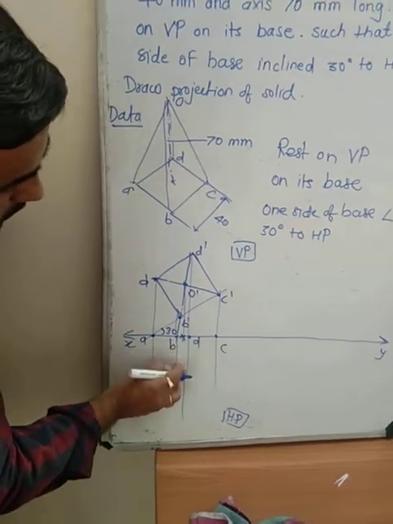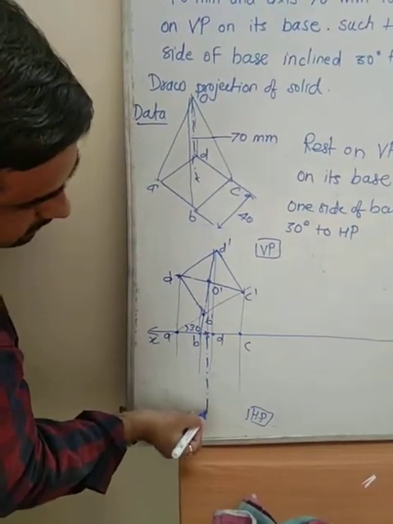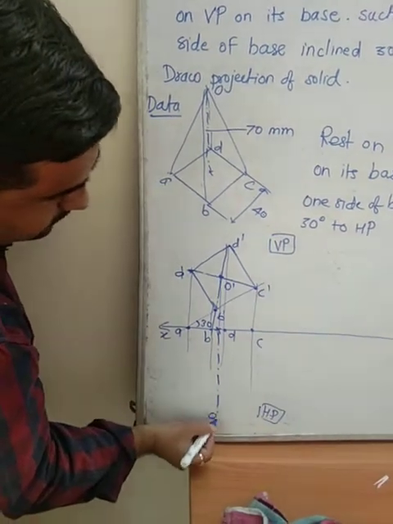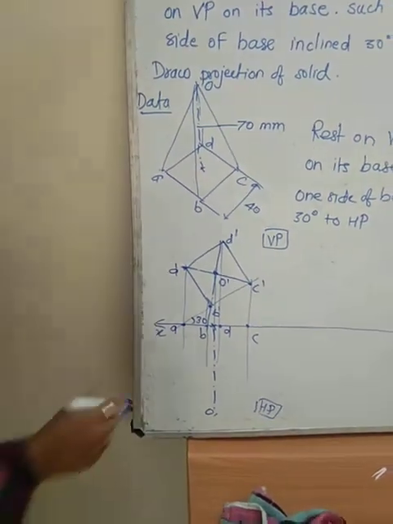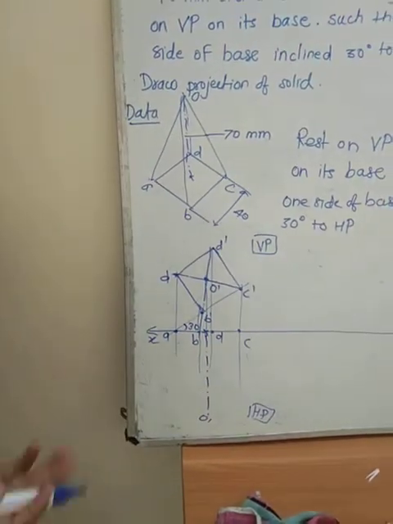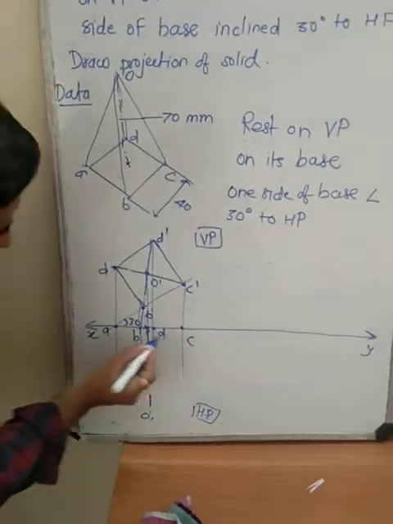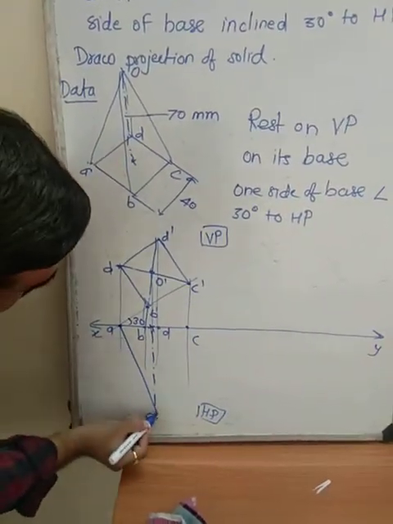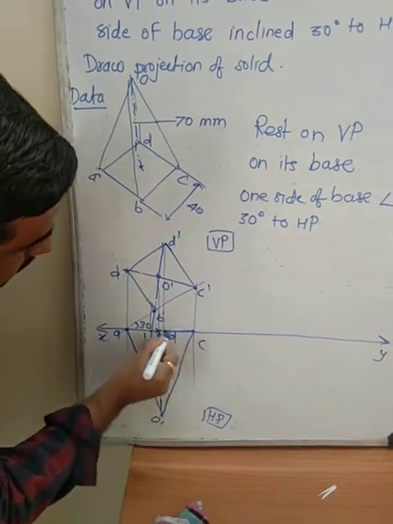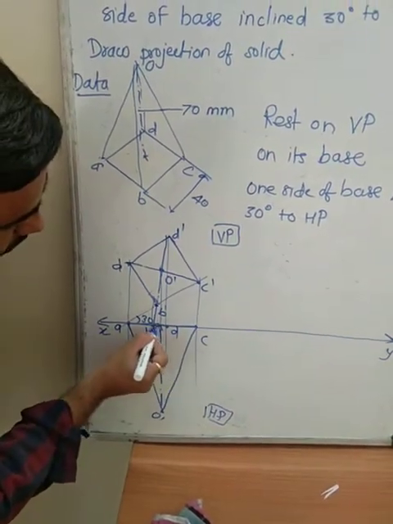So O is here. You have to represent the axis by using a dash-dot line. This is O dash. Now you have all the 5 corners here. Again the basic rule of joining all these lines: first you have to join the boundary. This is the boundary of all the points A, OC, OD, OB, OA.